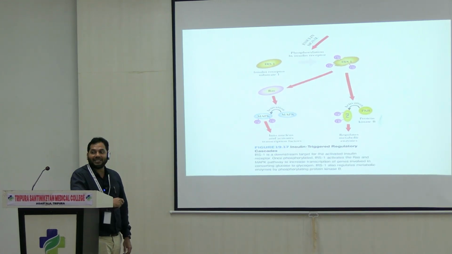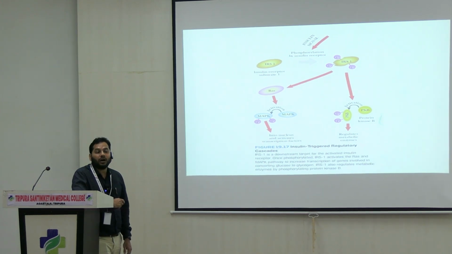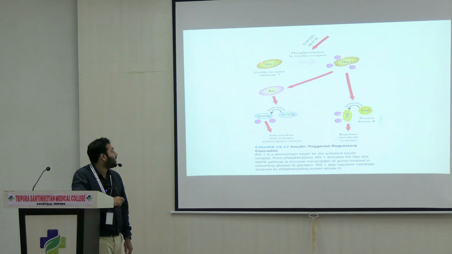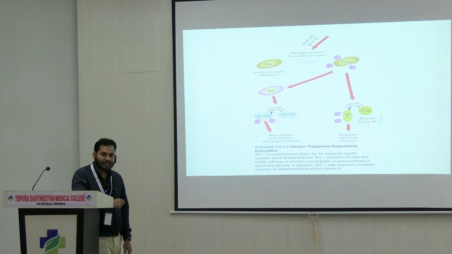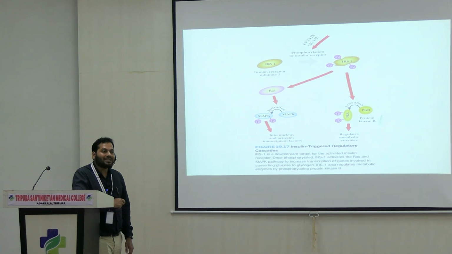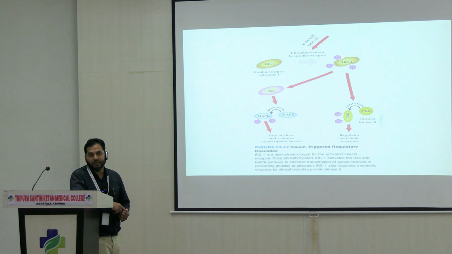Means this presence of this SH2 domain leads to an increase in the affinity between insulin receptor substrate and tyrosine kinase domains of receptors, right? Once it attaches to the tyrosine kinase domain of receptors, it gets activated by the phosphorylation event, right?